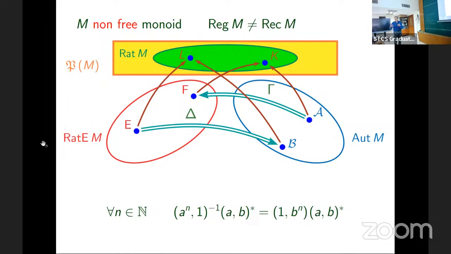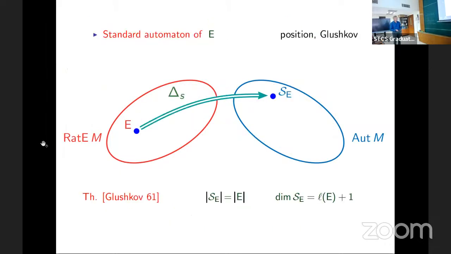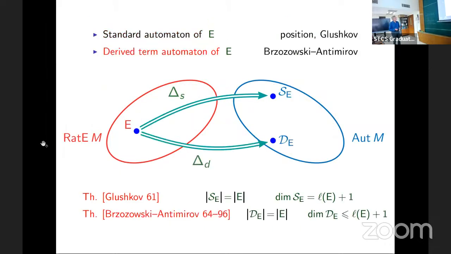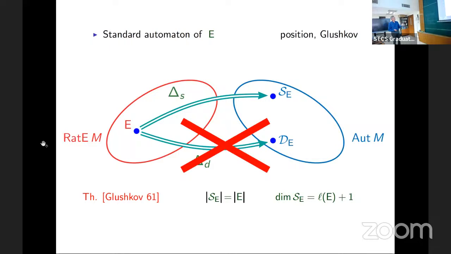So you cannot build this minimum deterministic automaton; it does not exist anymore. So if we want to do the same thing for a monoid M which is not free, it doesn't work.